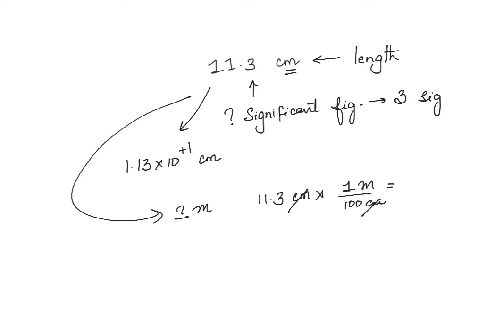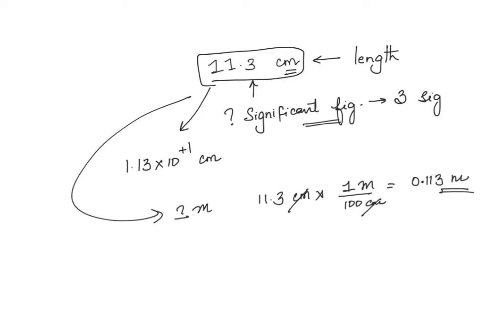So 11.3 divided by 100, so 0.113 meters, right? So this is another kind of question. So they might give you a measurement and you can be asked to do any one of these. Find out the number of significant figures, convert it to another unit, right?